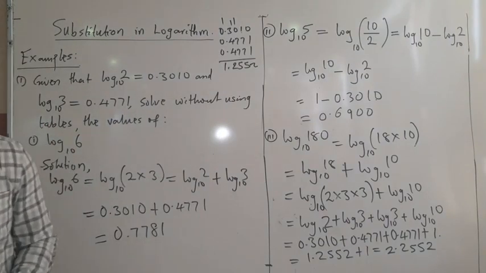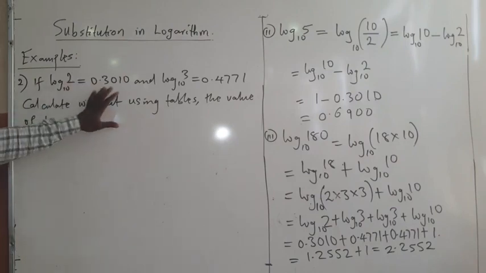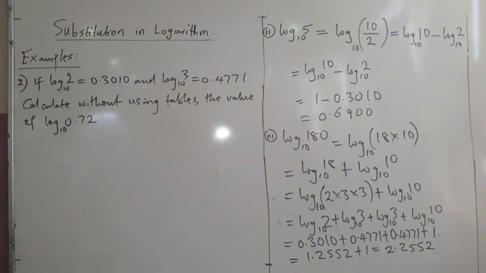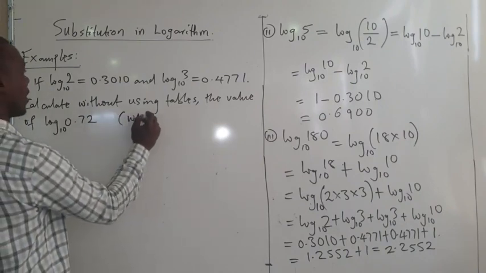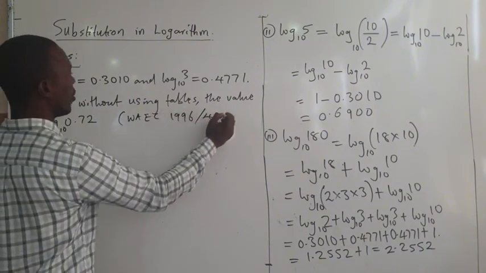Then we move to question number 2. Question 2 says if log 2 base 10 is 0.3010 and log 3 base 10 is 0.4771, calculate without using tables the value of log 0.72 base 10. So this is WAEC 1996 question 4A.